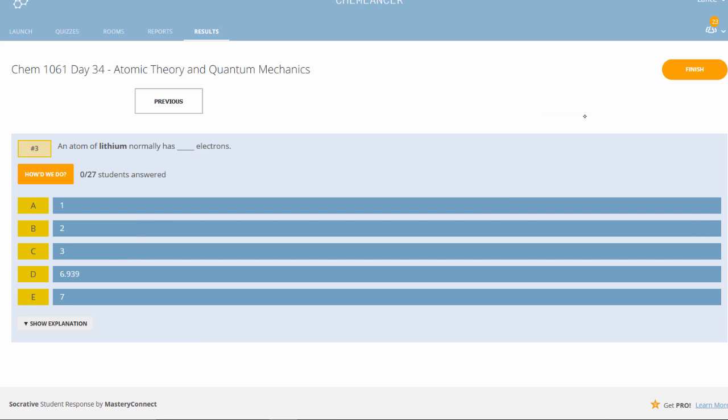And next up, this was from earlier in the semester. Please, please, please get this one right. An atom of lithium normally has how many electrons?